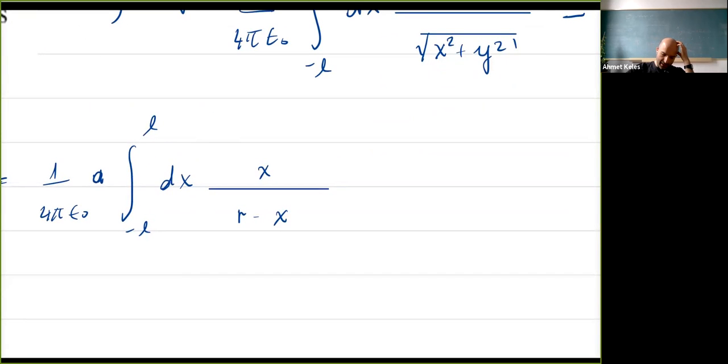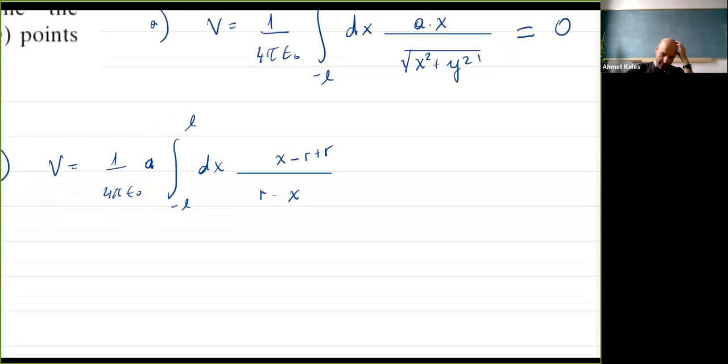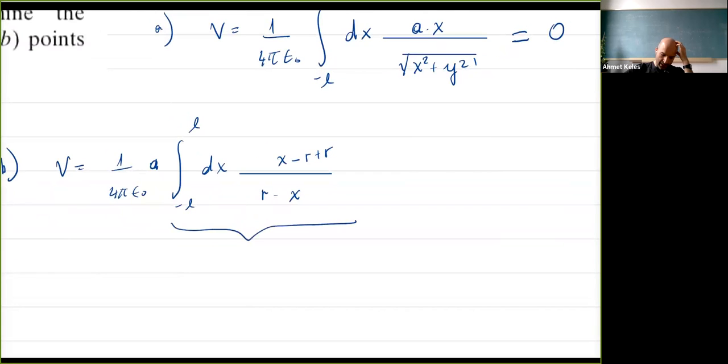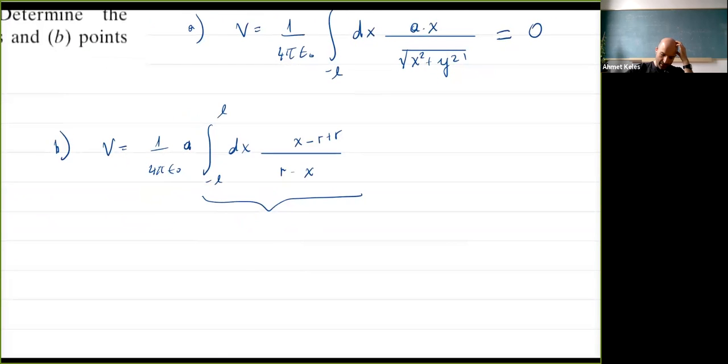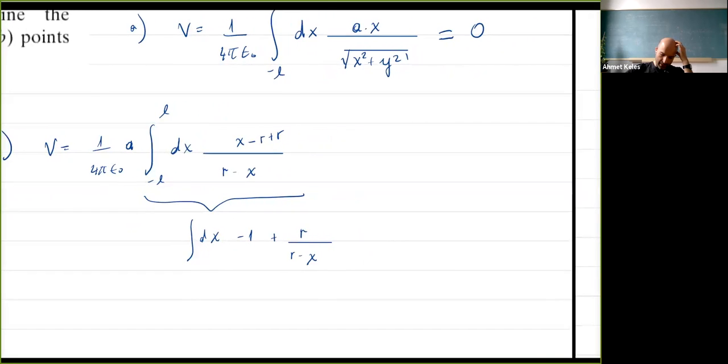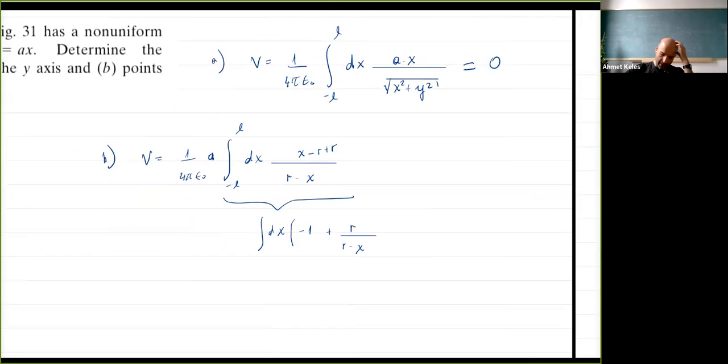It's not that hard. So I can do it from minus L to L, and the thing inside is going to be, okay, let's do this. This thing is going to be dx, so there's a minus 1 plus R over R minus x, something like that. And now I can integrate one by one.